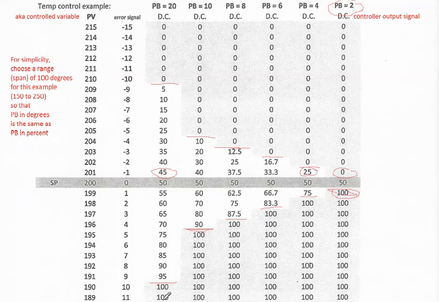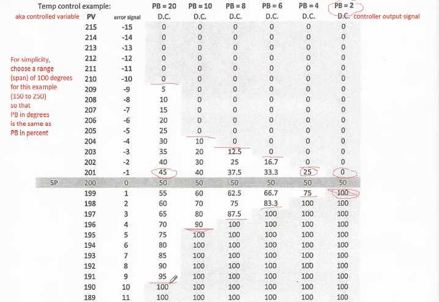Below the set point, when you're outside of the proportional band, you're giving it 100% power. The control signal is at 100%, and now you enter the proportional band when your process variable gets to 190 degrees. You're exactly 10 degrees below the set point, which for a band of 20 degrees means you are now entering the proportional band.